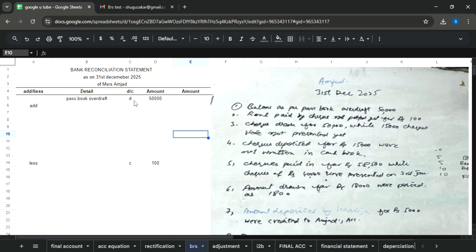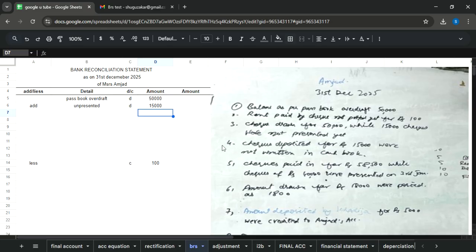Not presented should be written on the debit side. We will choose the debit side, and here you will give the heading unpresented. Okay, so now the problem is which amount. Look, you do not have to see any problem. As you will observe, 15,000 checks were not presented, and it has clearly been written that checks of 15,000 were not presented.